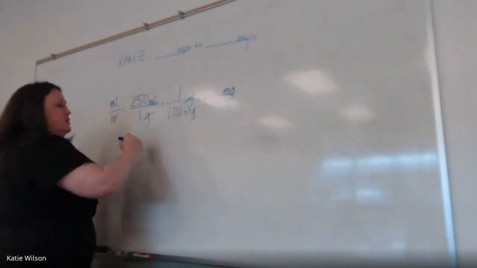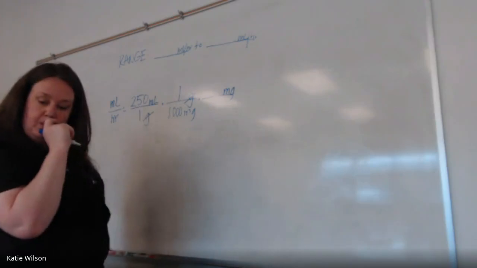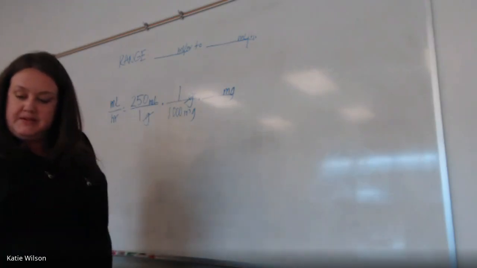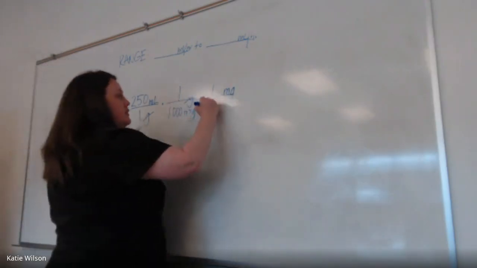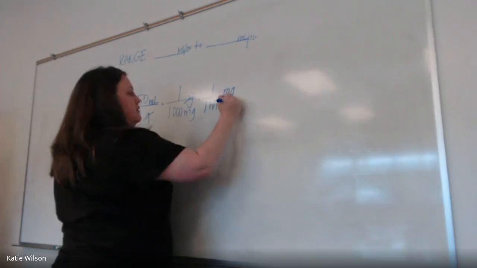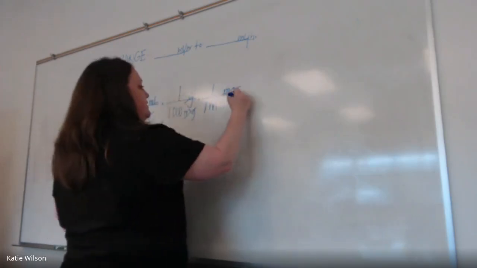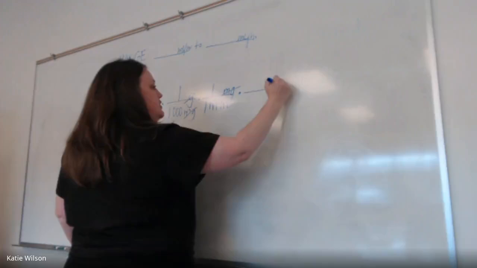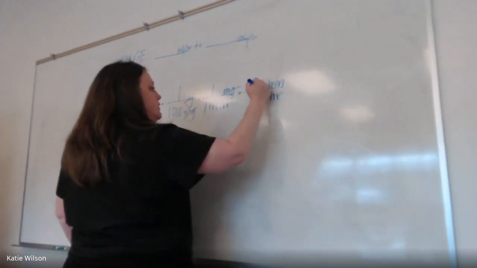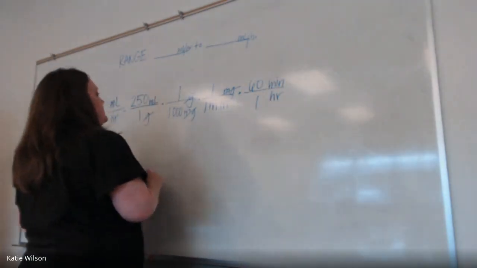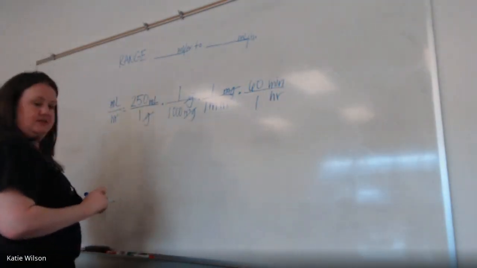And what was that order? The first one? 1 milligram per minute. Okay. Mils over minutes left. I need hours, so put that conversion of minutes to hour. Okay. So I've got 250 times 60 over 1,000.